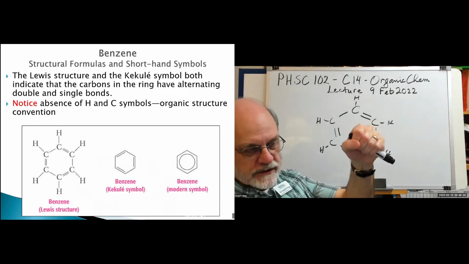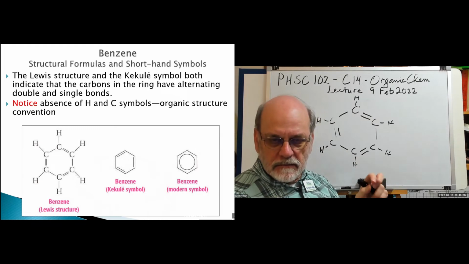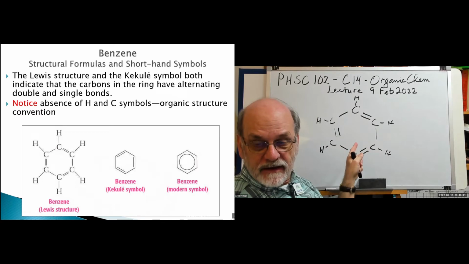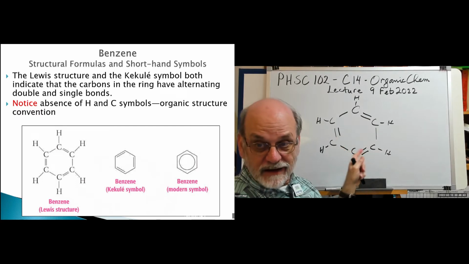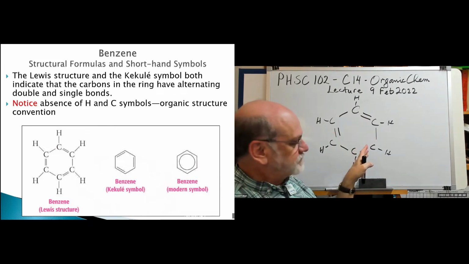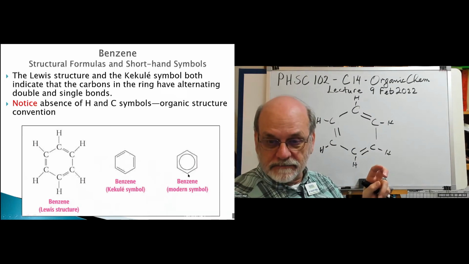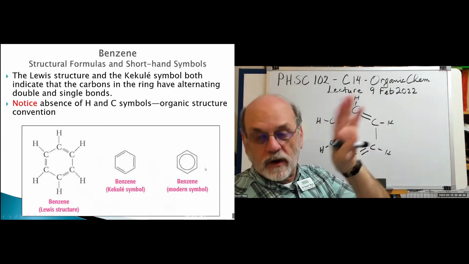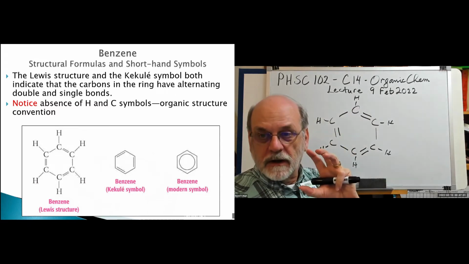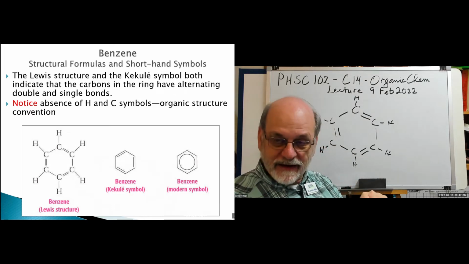You would have a long distance here and a short one here. But in fact, laboratory experiments have proven that all of these bonds are the same length and the same strength. They're exactly alike. So each one has some double bond character. That's why we represent it with this ring, to show that all the bonds are equal. That gives the benzene ring structure stability. It is very difficult to break into that ring.